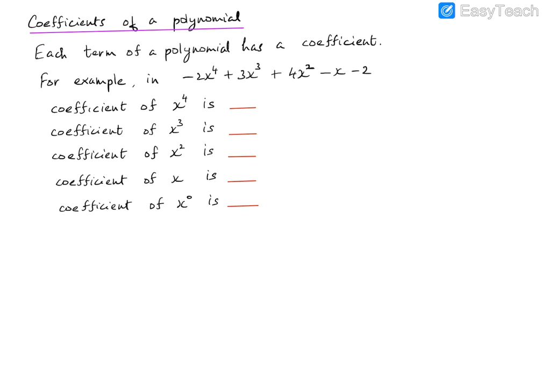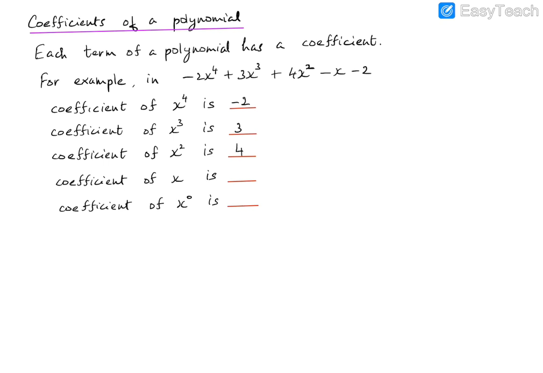Similarly, the coefficient of x power 3 is plus 3, because we have x power 3 getting multiplied with 3. So the 3 here is the coefficient of x power 3. Similarly, the coefficient of x squared is the number 4. It is plus 4, so we'll simply write it as 4.